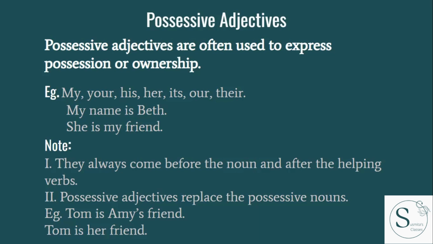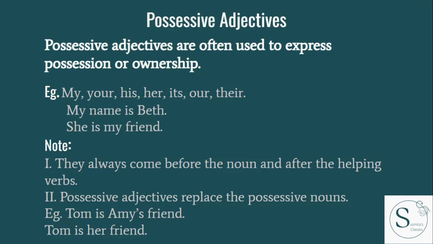Something that you need to remember is that they always come before the noun and after the helping verbs that we use. I will always say this is my book, but I cannot say this book is mine. That's incorrect. There are other words which we can use instead: this book is mine. That becomes your possessive pronoun.